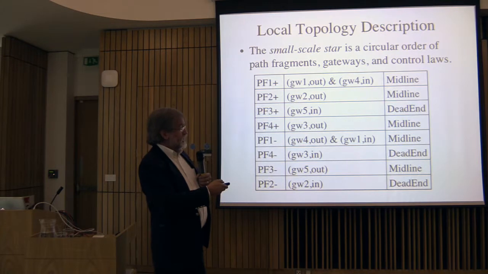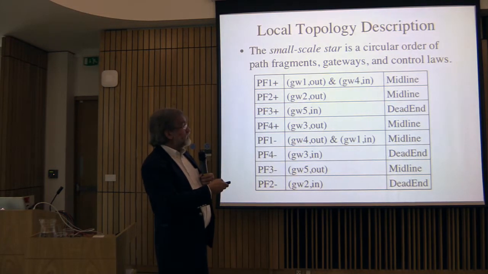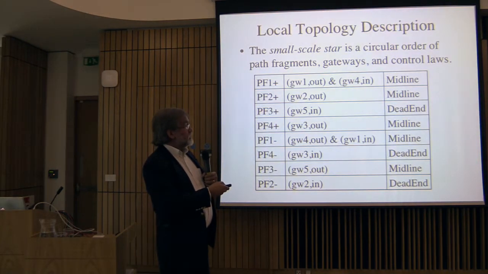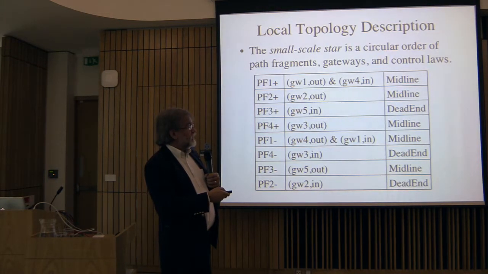And so here we have a path fragment, which in this case, well, let's take this one, path fragment 2 in the plus direction corresponds to gateway 2 going outward and following the midline. Path fragment 1 corresponds to both this gateway going out and that gateway going in.